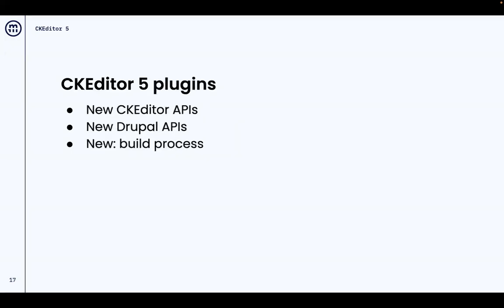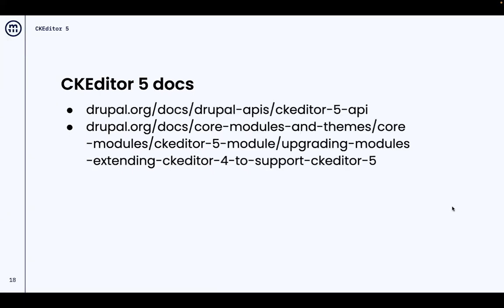So again, because CKEditor 5 has a whole new API, it means there's lots of new APIs in CKEditor itself. And there are also new APIs with how you tell Drupal that you have this plugin and how to work with it. And there's a whole new build process you have to use to do your plugin. Otherwise, it won't work. So lots of new stuff.